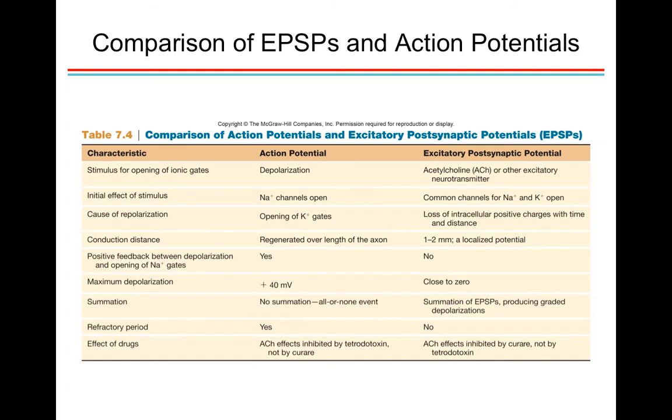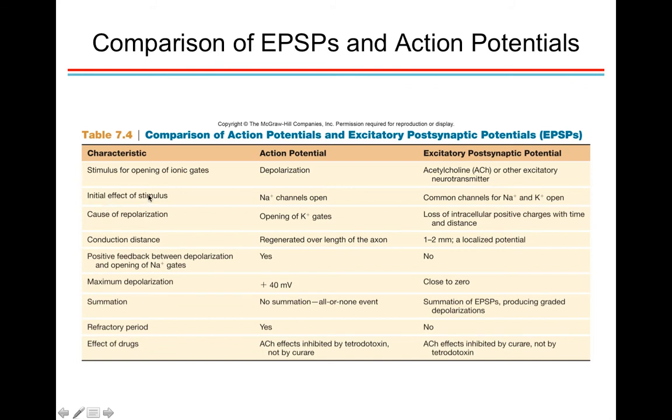So I just want to take a minute to compare and contrast excitatory postsynaptic potentials and action potentials. So this is really important. So if we look at the stimulus for opening the ionic gates, in an action potential, it is depolarization. In the excitatory postsynaptic potential, it would be the excitatory neurotransmitter, for example, acetylcholine.